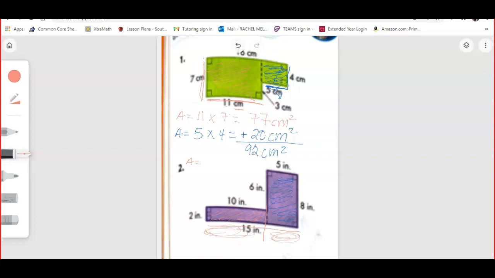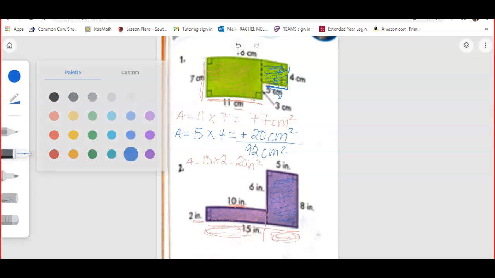So I don't want 15. But if this top right here is 10 inches, then the bottom has to also be 10 inches. So the length of this pink rectangle is 10. And I can see that the width right here is 2, which gives me 20 square inches.